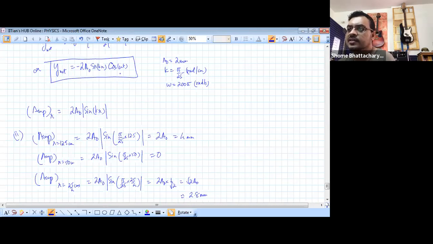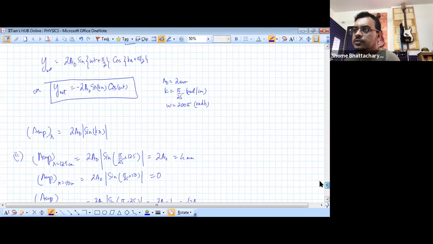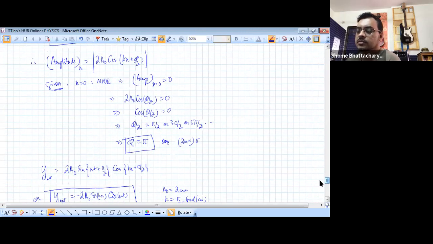So we use that information to back calculate what the phase constant phi should be. Right, so that's what we did in this question. From this given condition, we got the value of phi, and then the rest is just proper calculation of sine and cos terms and things like that.